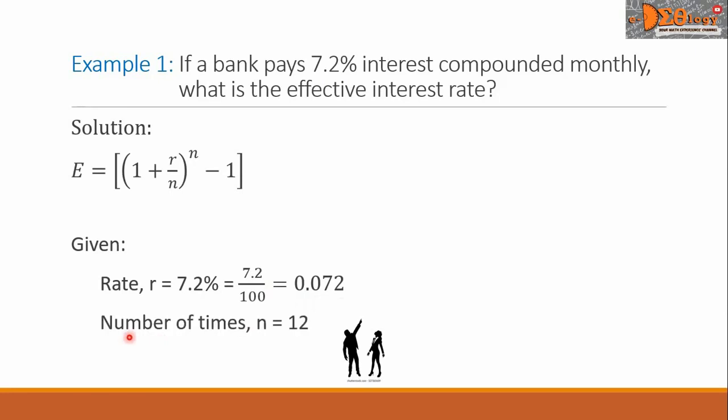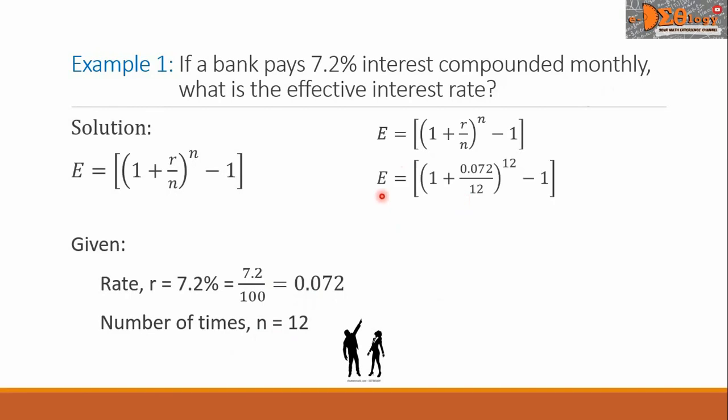Next is the number of times the interest is compounded. It is written here monthly, so we will write n equals 12. Now we are ready to use our formula. Let us do the proper substitution on this side.